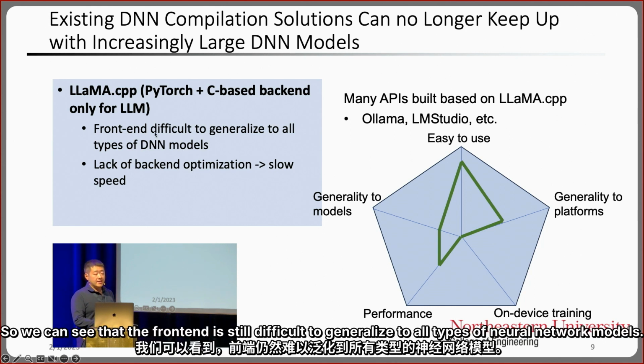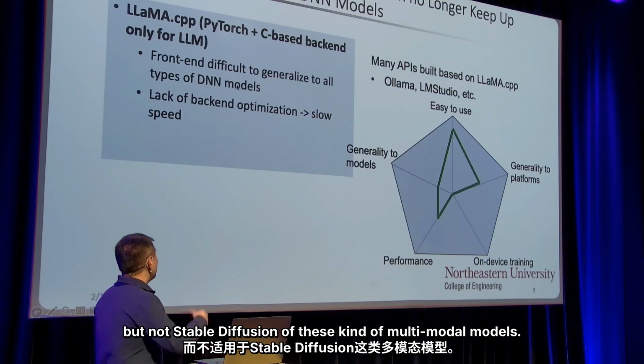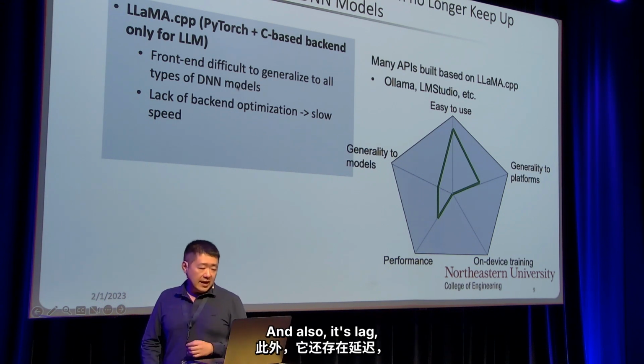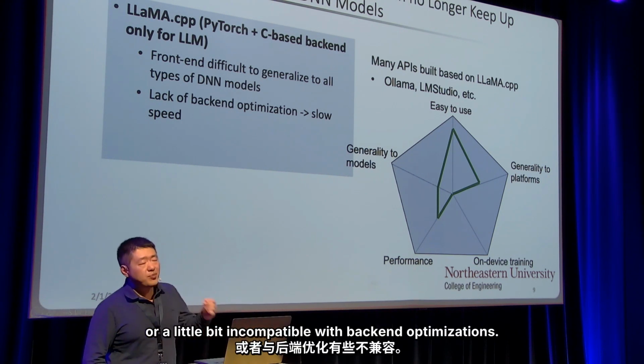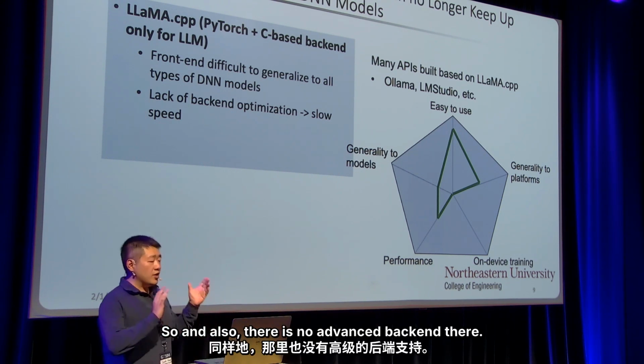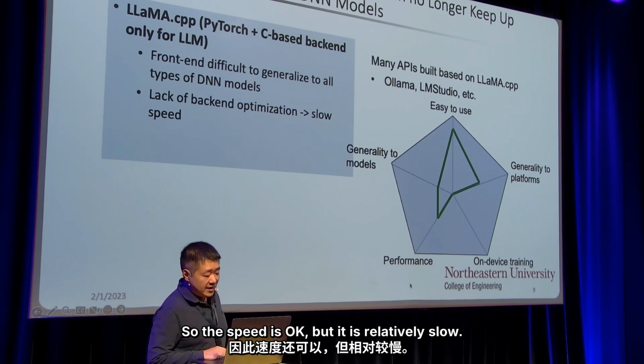The front end is still difficult to generalize to all types of neural network models. It only works for large language models, but not Stable Diffusion or multimodal models. It is also a little bit incompatible with back-end optimizations, and there is no advanced back end, so the speed is okay, but relatively slow.